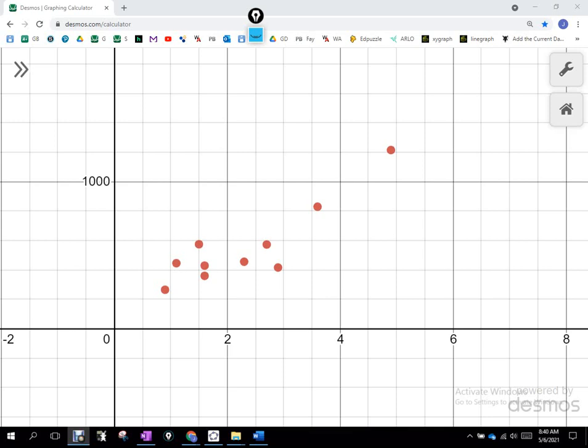Does that make sense? That's interpolation. Extrapolation is on the outside, okay? So we want to be able to determine what is the line of best fit.